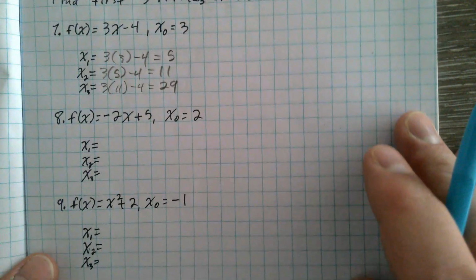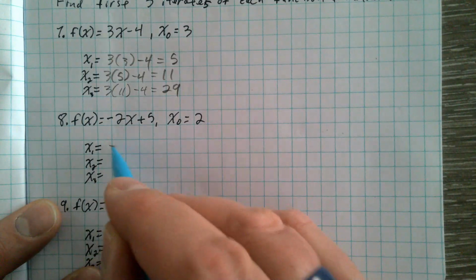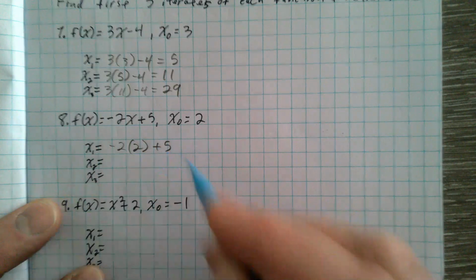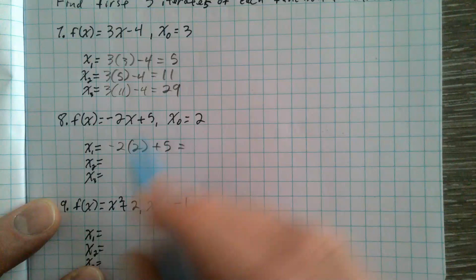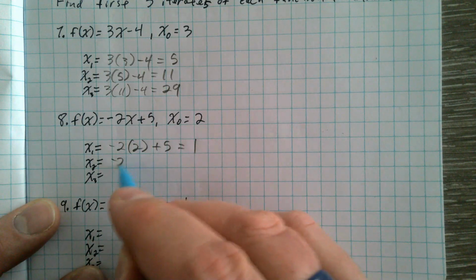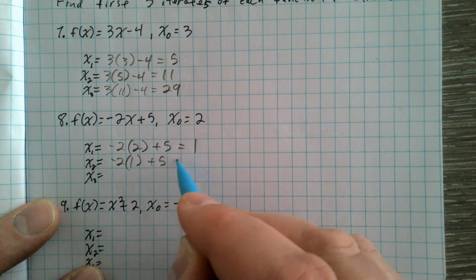Okay. So here we have negative 2 times our first value plus 5. Negative 2 times 2 is negative 4, plus 5 is 1. Negative 2 times 1 plus 5.